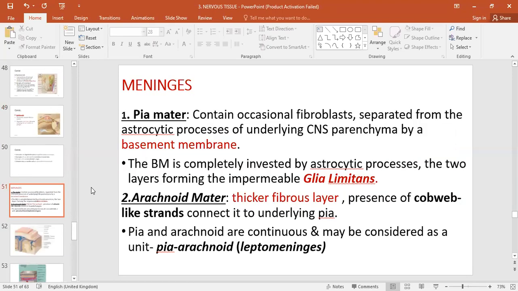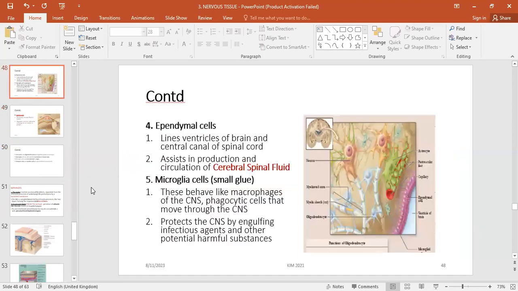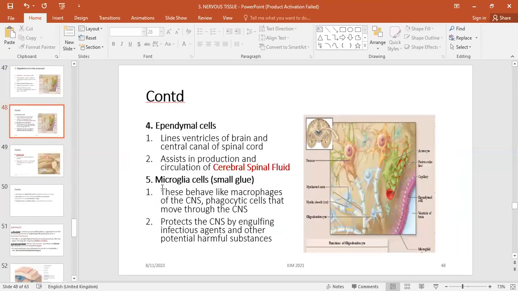Next is microglial cells. Now, microglial cells are macrophages. Microglial cells are macrophages of the central nervous system. Okay. We said macrophage in connective tissue is there to eat anything that is foreign and cells that are dying.